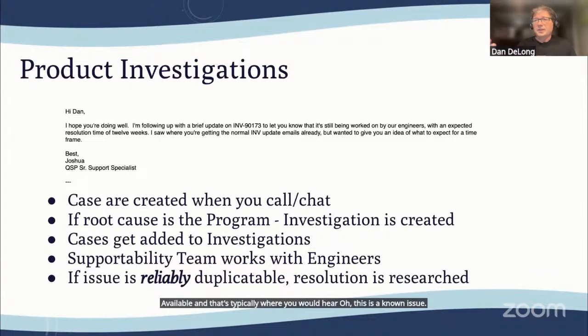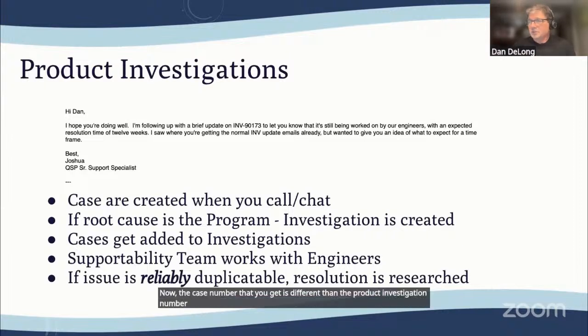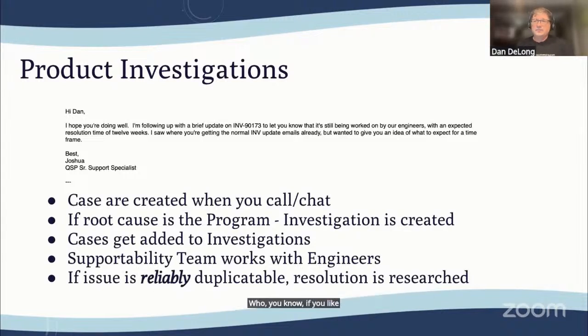Now, the case number that you get is different than the product investigation number. You'll see in the screenshot here, this particular investigation was INV 90173. That then gets passed to the supportability team, who, if you like Office Space, are the people who speak to the engineers, right?